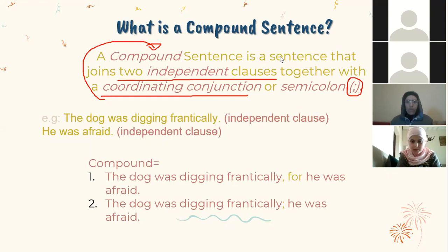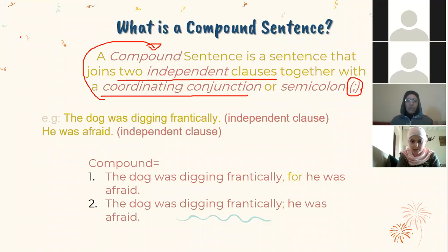Okay. So, when we say independent clause, we mean that it has one complete subject, one complete predicate, and a complete idea. Then it makes a simple sentence. It makes an independent clause which equals the simple sentence. But when I have two independent clauses joined together with a coordinating conjunction or a semicolon, they make a compound sentence.